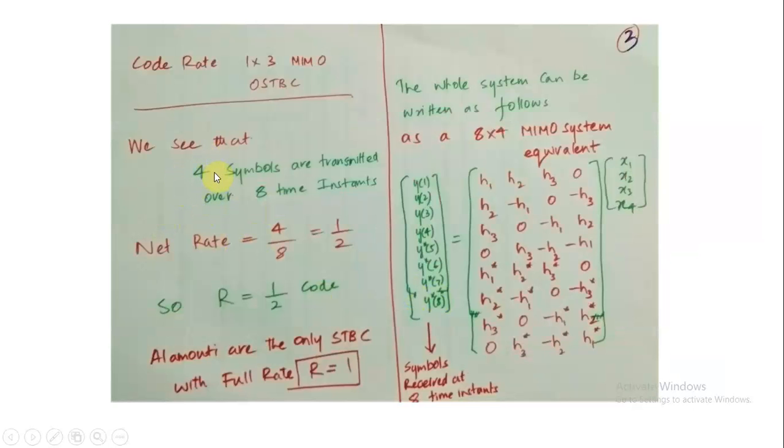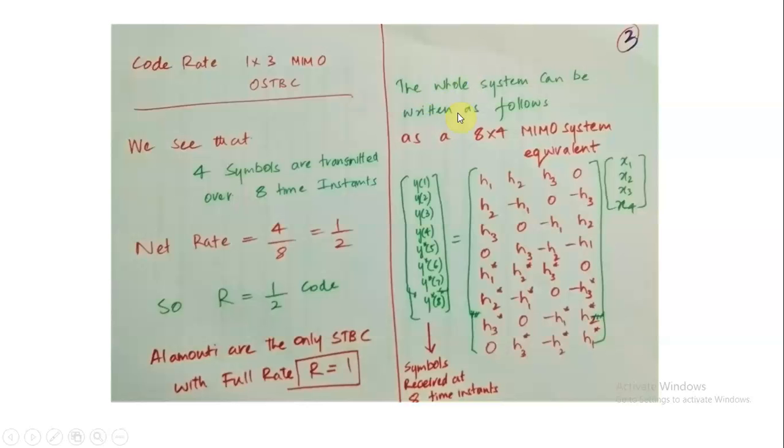We see that we are transmitting 4 symbols over 8 time instants. So the net rate is 4 over 8, which is half. Alamouti is the only space-time block code with a full rate of 1. All the other codes above Alamouti, which are generically called orthogonal space-time block codes, cannot achieve rate 1.